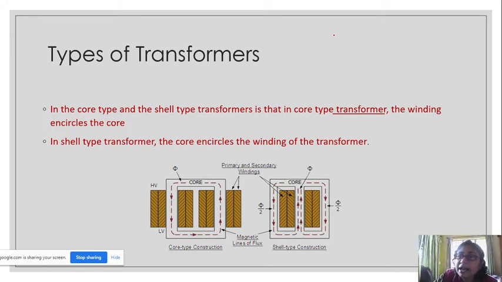So if I draw in a very simplified way, there will be an electromagnetic part, and it is generally known as the core. So it is a static device which has a core in it. What is the core? The core is nothing but the magnetic material on which the flux can move.